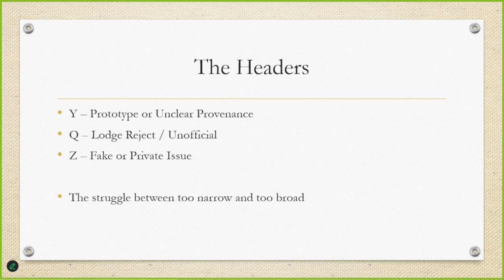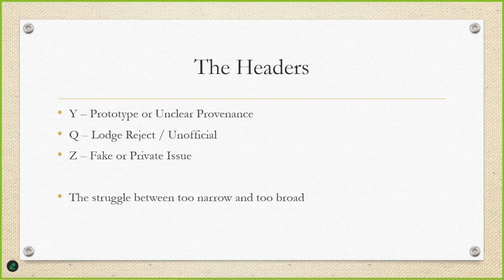But I have a hard time listing it as a Z because it doesn't feel that way. So this is the struggle we're having, in that you've got multiple definitions for these letters, which is in essence saying that they're very broad. They're broadly defined, or too broadly defined if you're having multiple definitions for them. And then on the Lodge reject, and we'll look at it in a minute, I actually think it's too narrow.